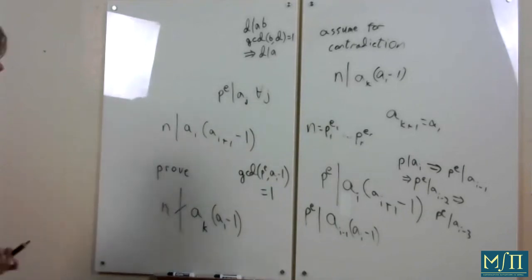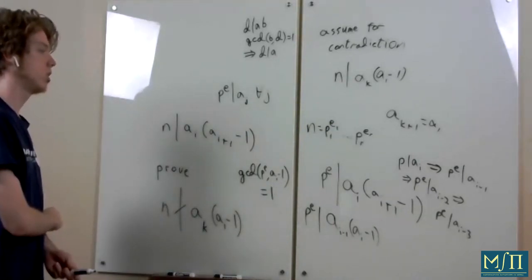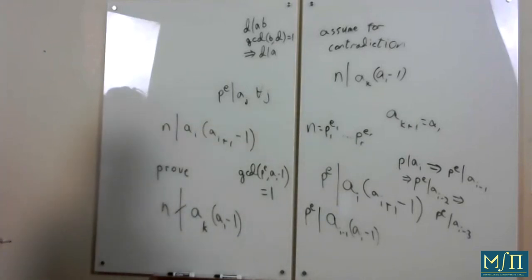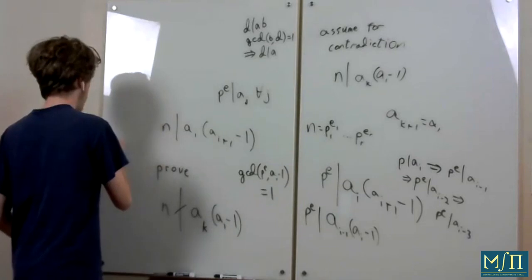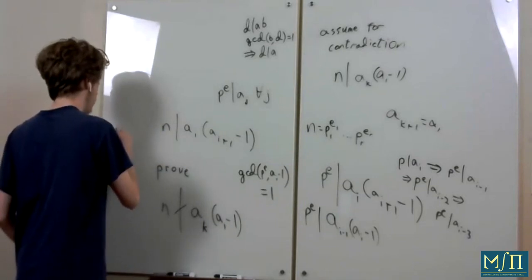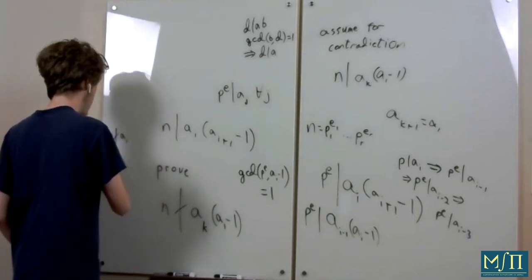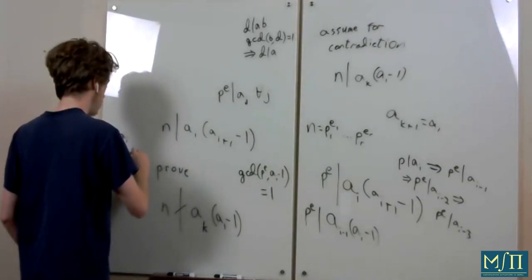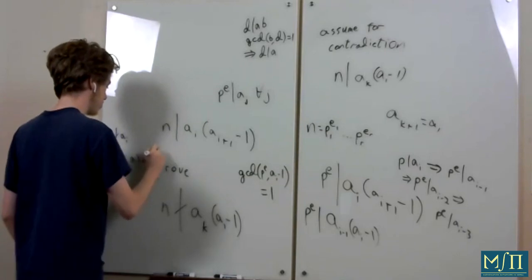Otherwise, what happens if p doesn't divide any of the numbers? Well, then if p doesn't divide a_i for any i, that means the GCD of p and a_i is 1.